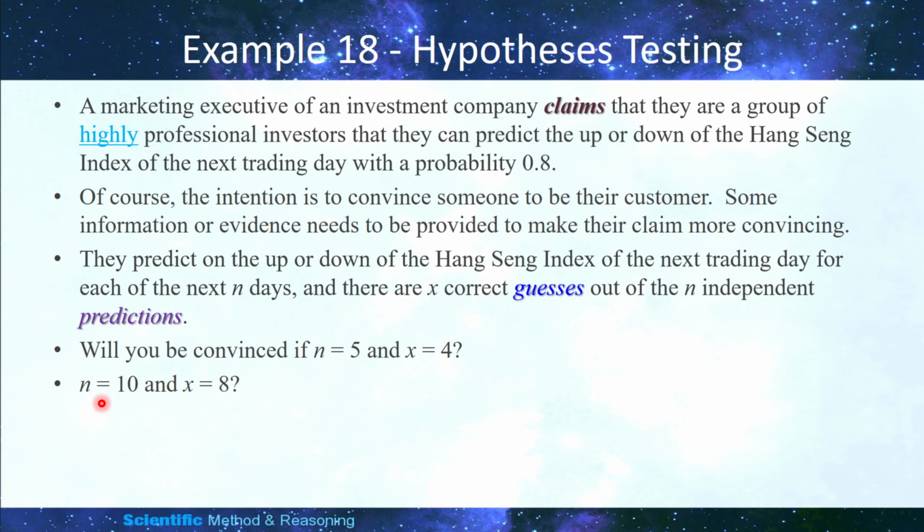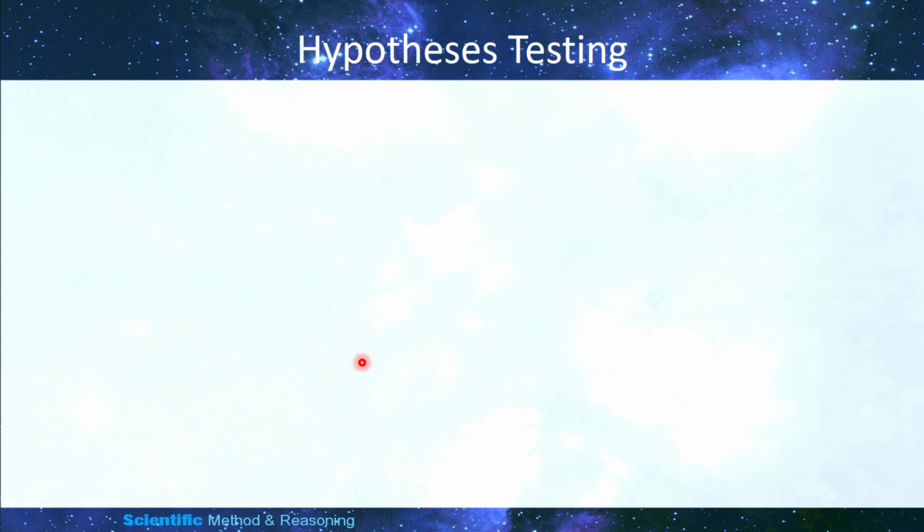What if n equals 10 and x equals 8, that is, 8 correct predictions out of 10 independent trials? Or x equals 16 and n equals 20? They all end up with 80%, with a point estimate of 80%.